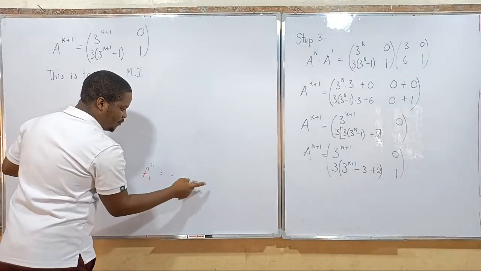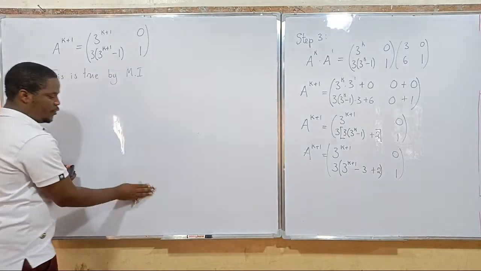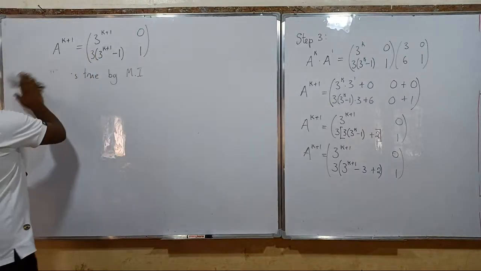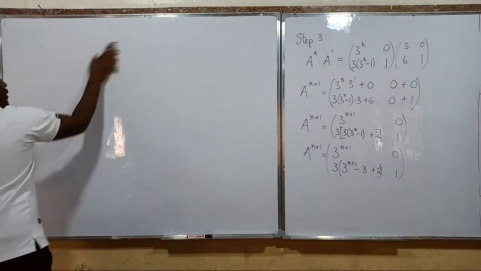So this guy that I was writing here, this is just to help you see that it will be the same as what you had originally. You're not supposed to write here.